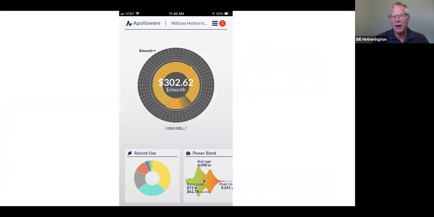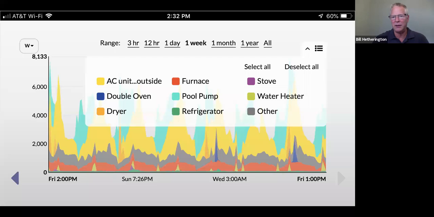So this is just my account. I have ApolloWare at my house, and this is just a snapshot of my cell phone. We have an app that our customers download, and this gives you a real-time indication of what you're using and what your monthly bill is if you're going to continue to use at the current pace. So it updates every 5 seconds. And then I'll just go to the next slide because, again, these are just screenshots.